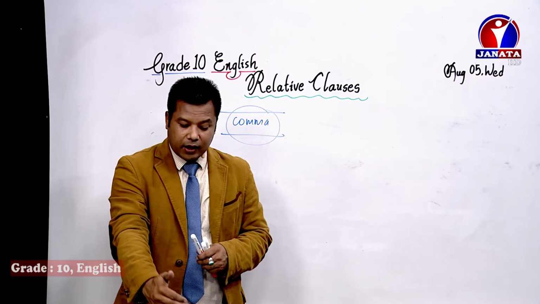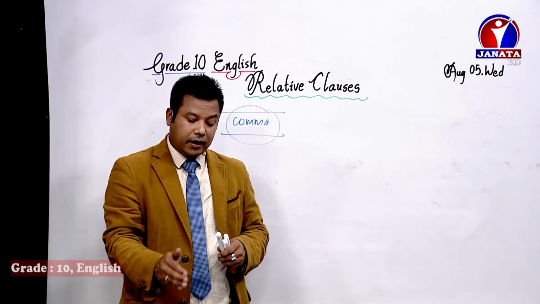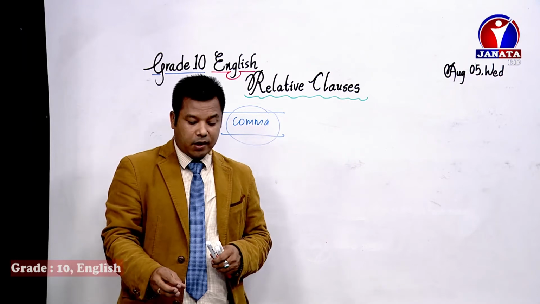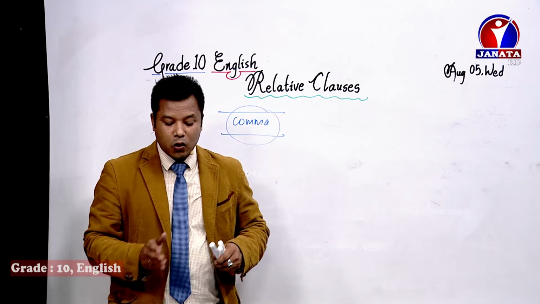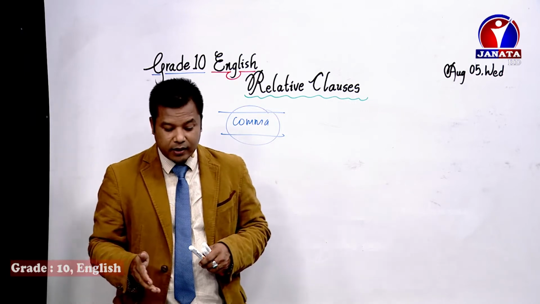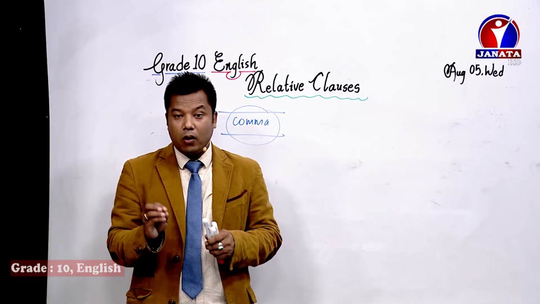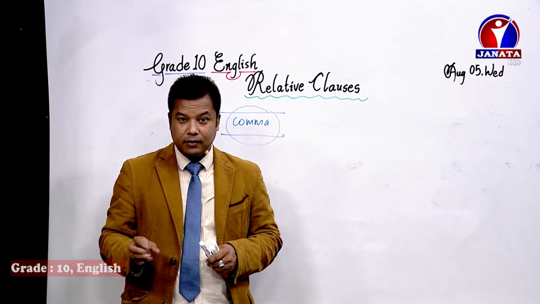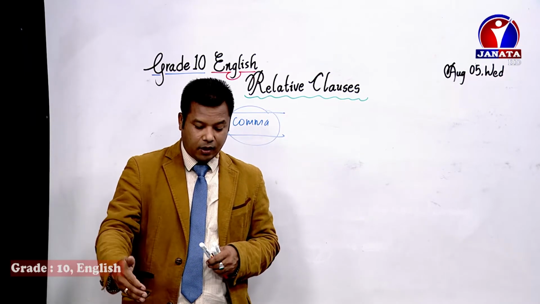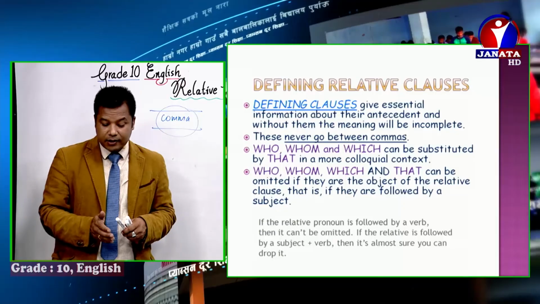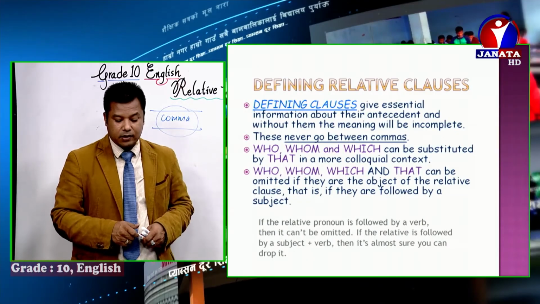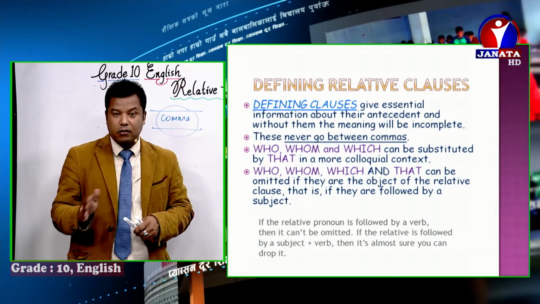I'll read this when we go with the example, but let us read some important information in the bullets. You see the relative pronouns there, who, whom, and which can be substituted by that in a more colloquial context. We will clarify the context in a while. Who, whom, which, and that can be omitted if they are the object of the relative clause, that is, if they are followed by a subject.